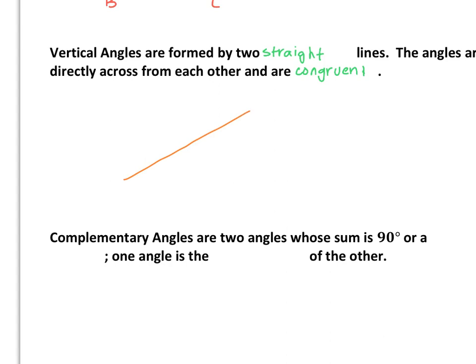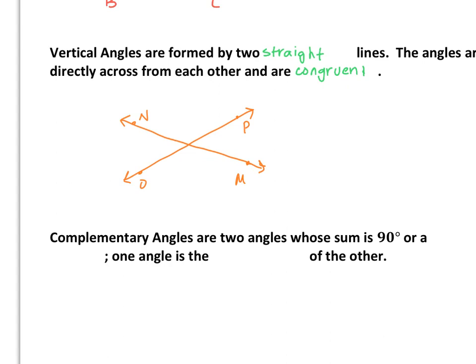So if we have line 1 here, and line 2 here. Let's try that one again. It's not very straight. Here and here. Okay. We'll give these all points: N, O, M, and P.